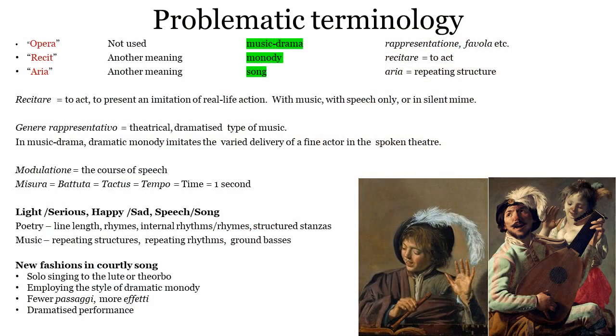The facts are actually very different from the consensus early music mind of today. So, recitare, the Italian word recitare, back then and now, means to act. And we've got a lovely source, how to be the director of early opera.